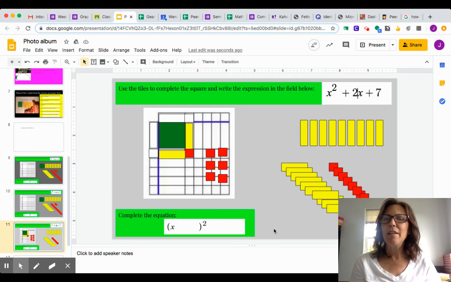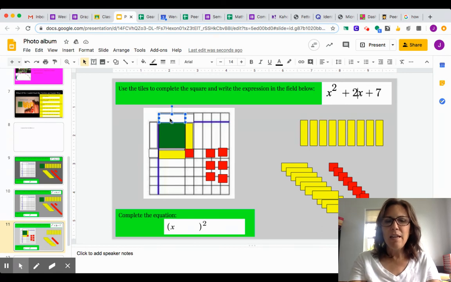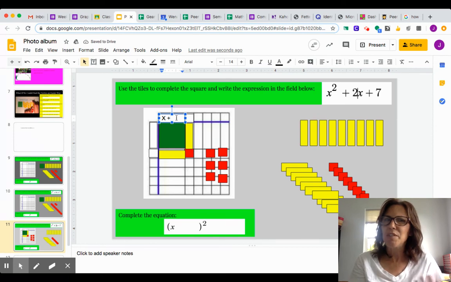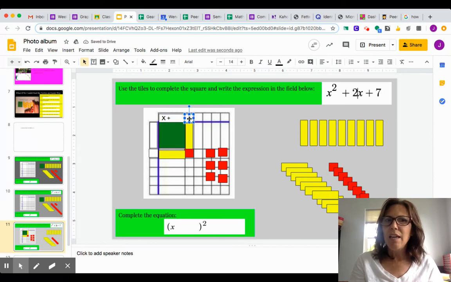And in order to make the equation, the first thing I really want to do is figure out what the dimensions are for the square that I made. So this times this is the dimensions of my square. And I know that this is my x squared tile, my x times x. So I'm going to have an x here, an x plus what? So I'm just clicking on that. I'm just typing in the box. And what do I have here?